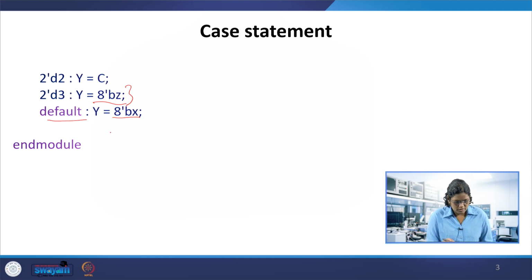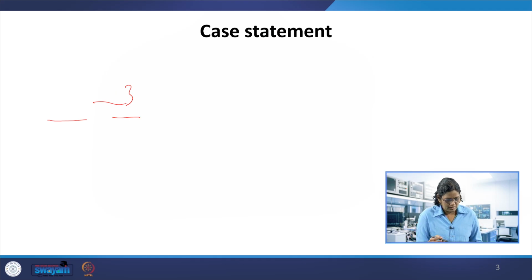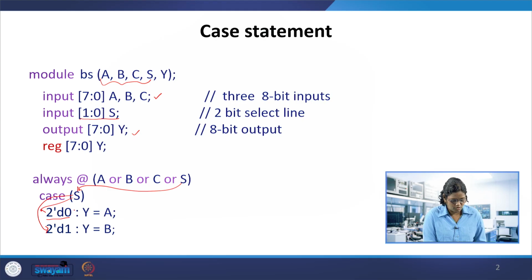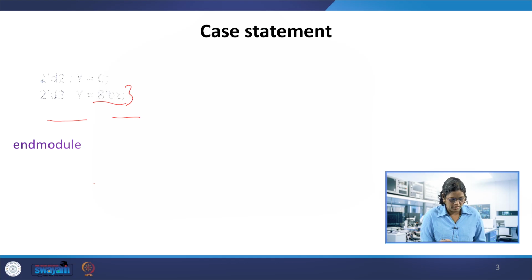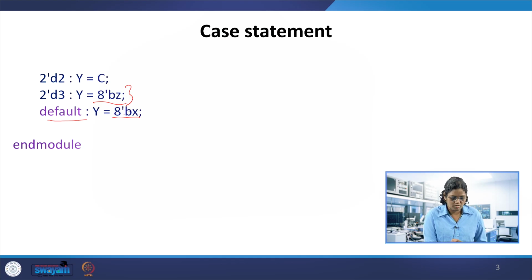Here, let us look at what the default case can be. S is equal to 0 0, 0 1, 1 0, 1 1. If there are any other select lines, then it would give the default, Y equal to 8-bit X. Anyway, we have covered all select line combinations here. You would also notice it is not necessary to always write these case choices in binary.